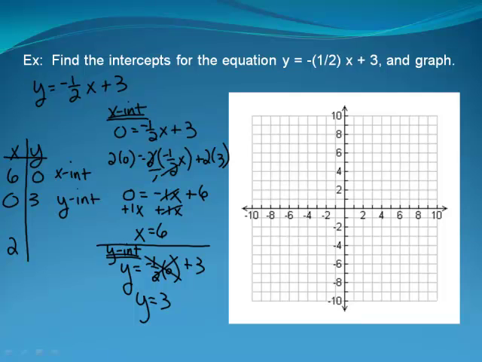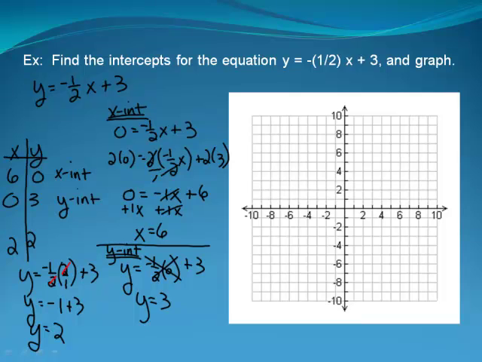All right, now we've got a third checkpoint here, so we're going to let x be 2. So we've got y equals negative 1/2 times 2, or 2 over 1, since that's being multiplied to a fraction, plus 3. Notice your 2's cross cancel out, leaving you with a bunch of 1's. So you've got y equals negative 1 plus 3, and negative 1 plus 3 is 2.